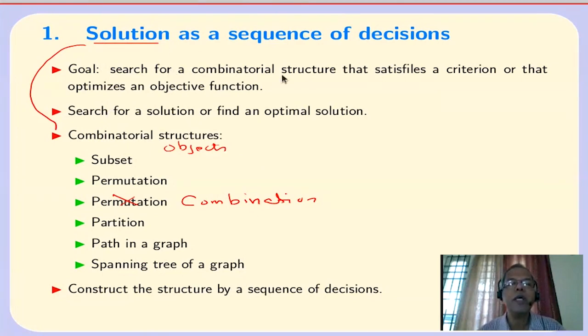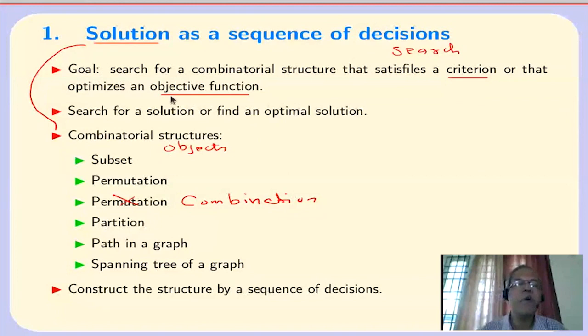We are searching for a combinatorial object that satisfies a criterion or optimizes an objective function. If we are searching for a combinatorial object that satisfies a criterion, it is a search problem.